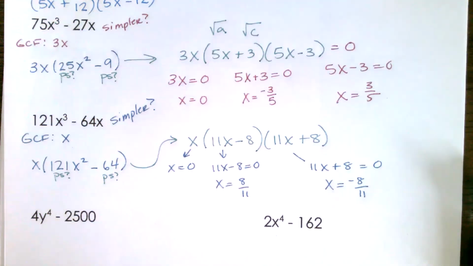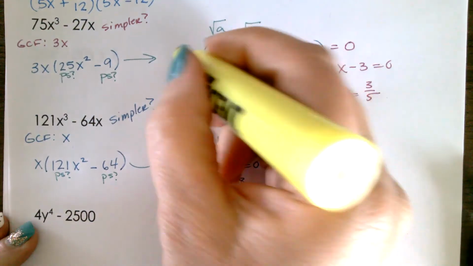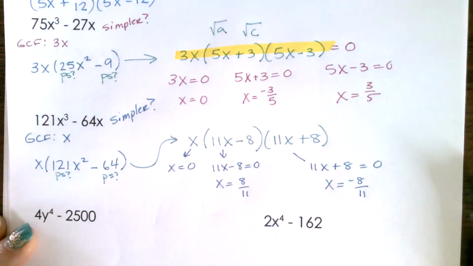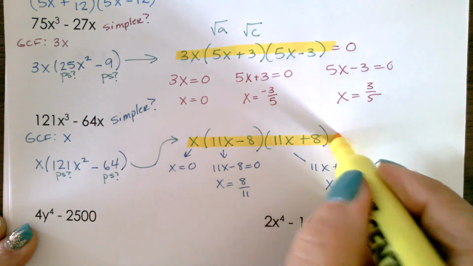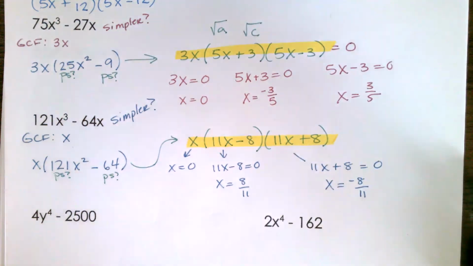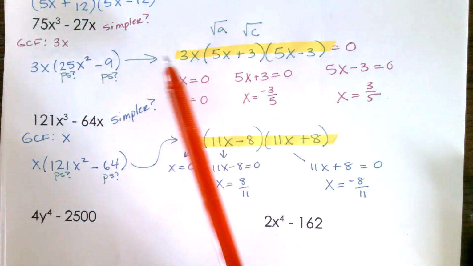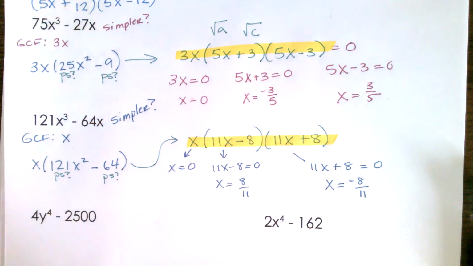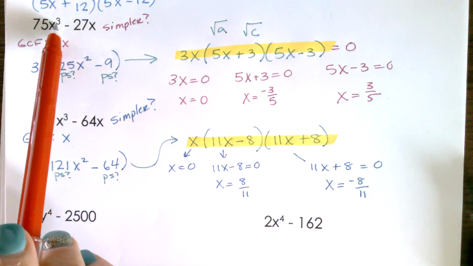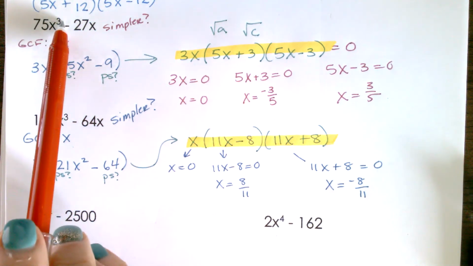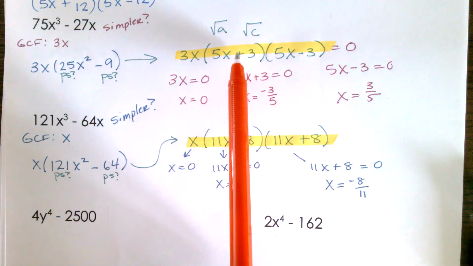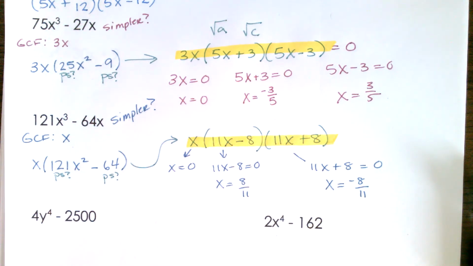My final answer, if I asked you just to factor these binomials, would be right here. I hope you did not forget about the greatest common factor we pulled out. Make sure when you're done, if you have an exponent or degree of 3, you end with 3 factors or 3 terms being multiplied.